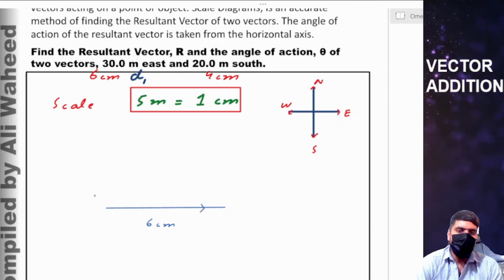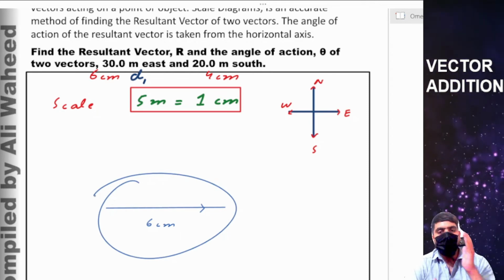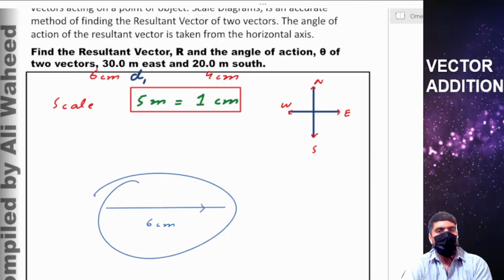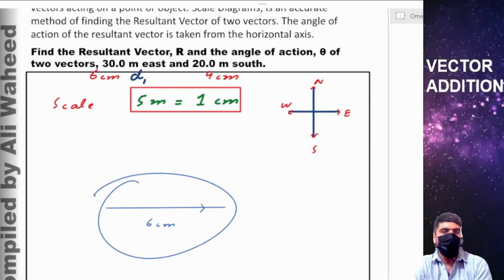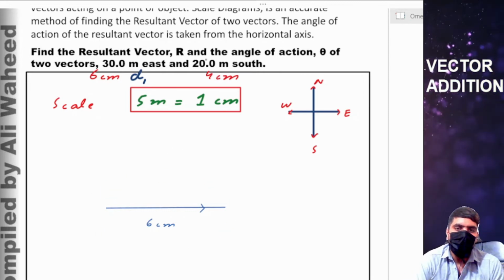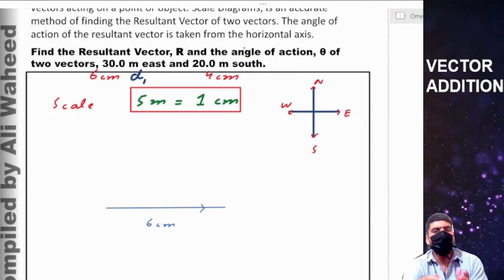So this line now, which is only 6 centimeters, in real life is representing 30 meters displacement towards east.